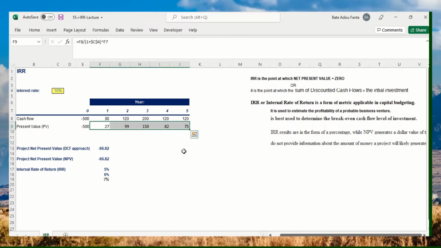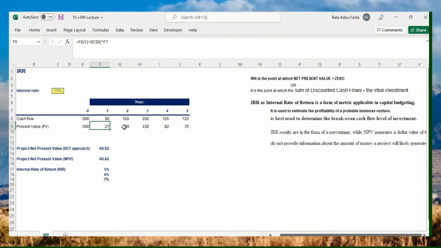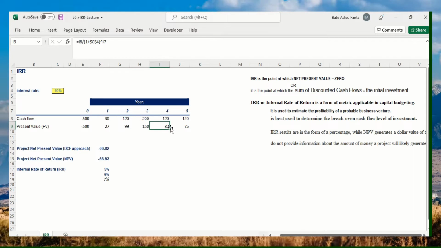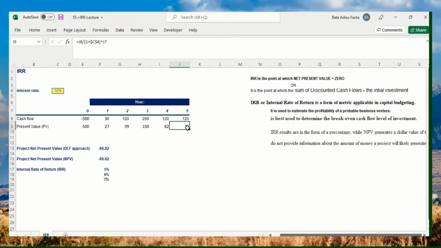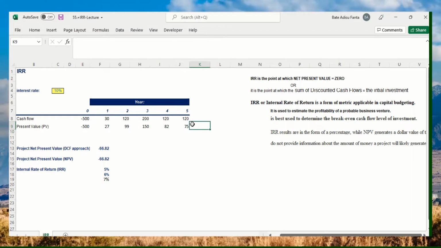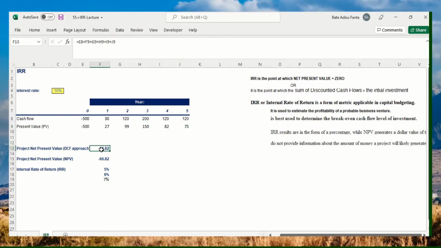But with the present value method, we get the money that's going to be generated each year, the discounted cash flow, and we know how much we make in dollar value. So that's the difference between the net present value and the internal rate of return.